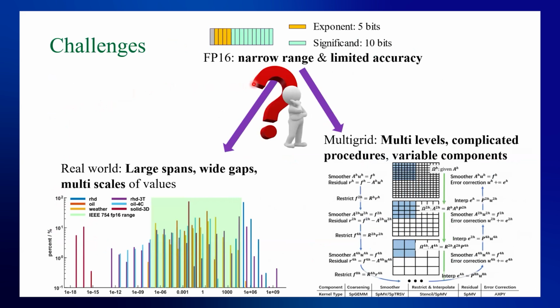But applying FP16 in MG for real-world problems is obviously challenging. FP16 has a narrow range and limited accuracy. However, the values in the real world have large spans, wide gaps, and multiple scales. Meanwhile, the multilevel framework and complicated procedures of MG increase the vulnerability to numerical hazards.